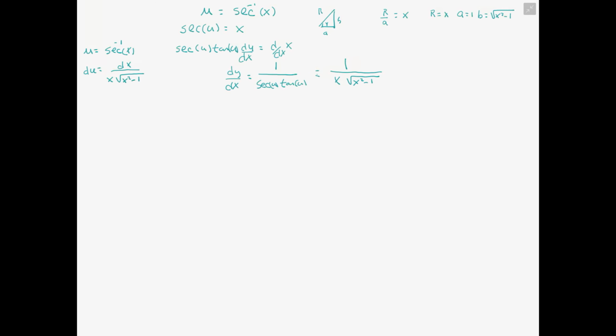So we pick our uv. U equals arcsecant of x, du equals dx over x square root of x squared minus 1, v equals x, and dv equals dx.